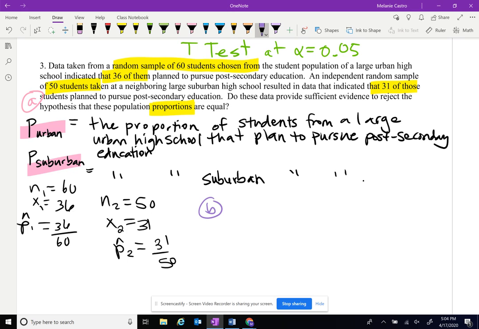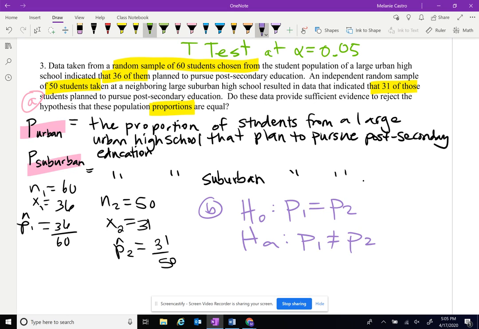If we're going to go through and say our Ho and our Ha, your Ho should be that there is no difference. Your Ha is that there is a difference. Okay, they didn't indicate that the kids in the inner city are not going to go to school as much as the kids who live in the nice suburban neighborhood.